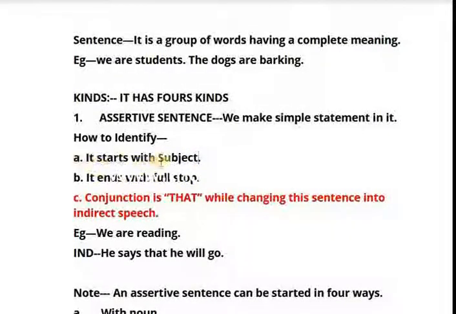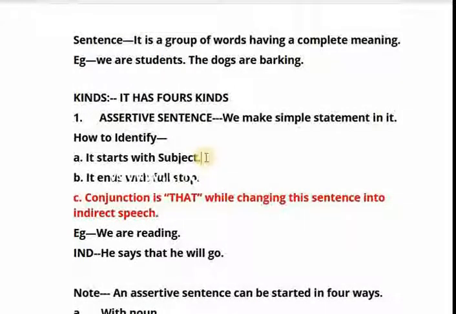It starts with a subject. When I say that it starts with a subject, what parts of speech or what things in grammar can be the subject of a sentence? I have already discussed in my previous videos that a noun, a pronoun, a gerund or an infinitive can be the subject of a sentence.